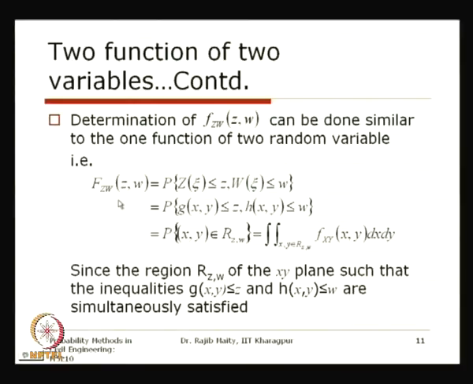Here we are going from one two dimensional plane to another two dimensional plane, so it is mapped from one surface to another. The first surface is the xy plane, consisting of the original two random variables, and the other is the zw plane, which is mapped from xy through the functional dependence g(x,y) and h(x,y).